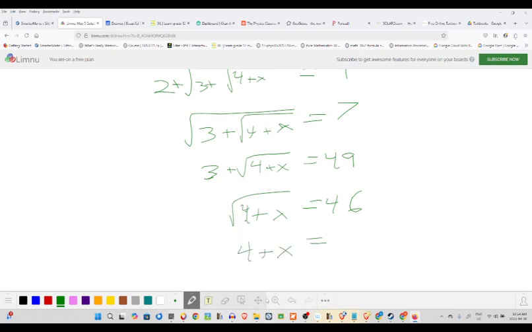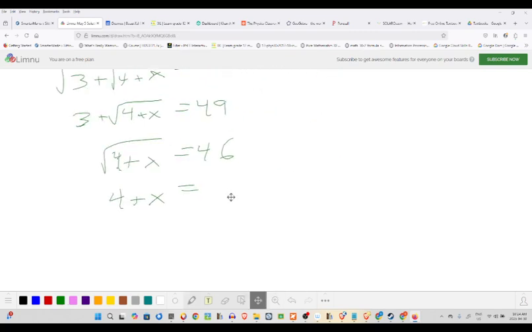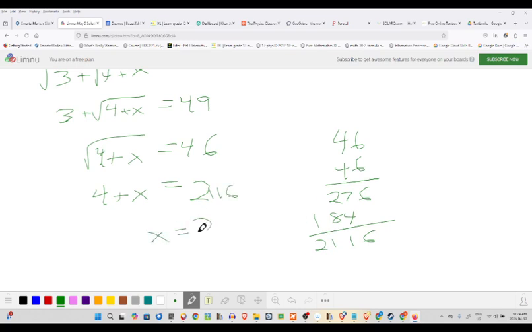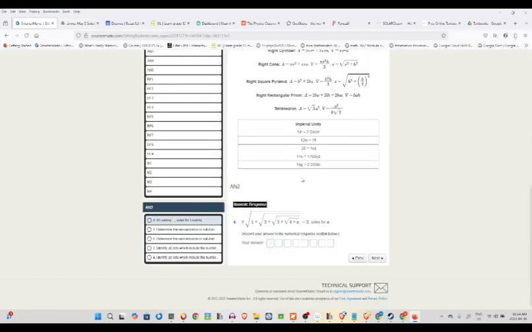Now we square both sides. 46 squared is going to be 2,116. We subtract 4. And x is 2,112.